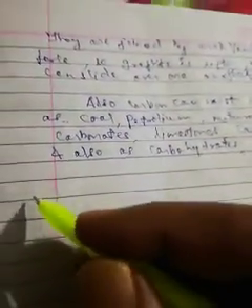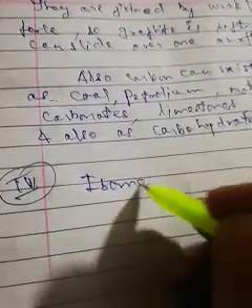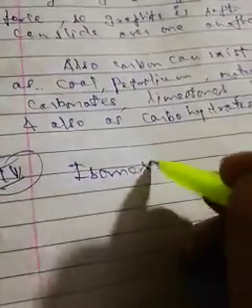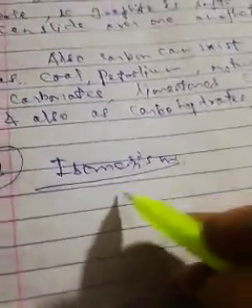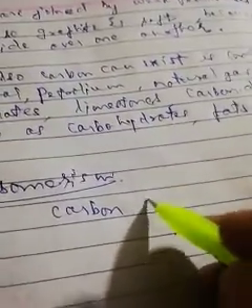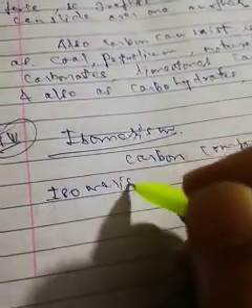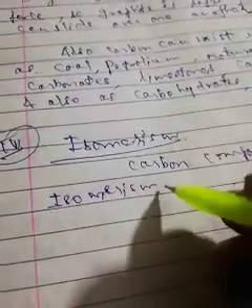Another property of carbon is isomerism. Carbon compounds show isomerism. What is isomerism?